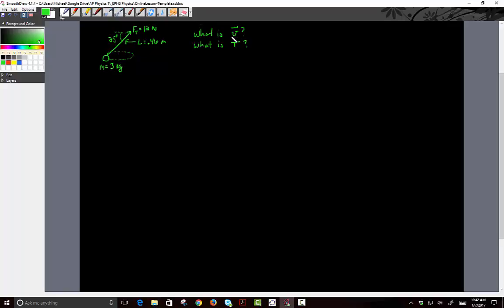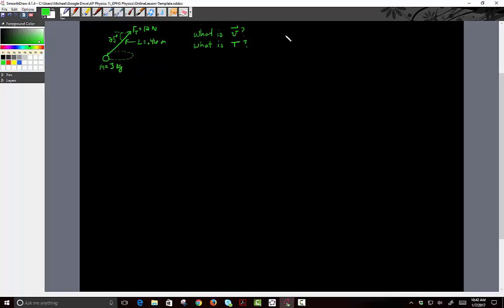What we're asked is, what's the linear velocity, or the tangential velocity, of the bob as it's going around, and what's the period? How long will it take to make one complete revolution? So let's say we just wanted to use kinematics.